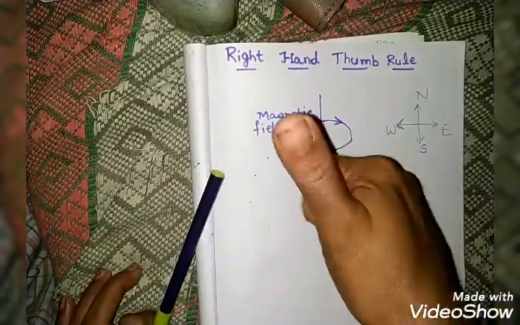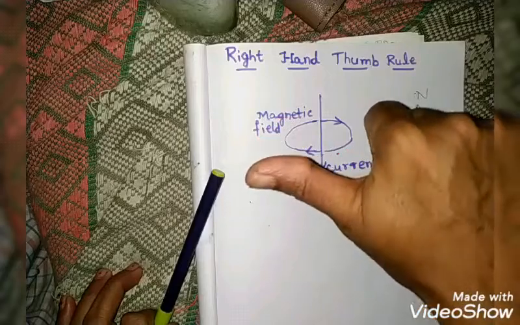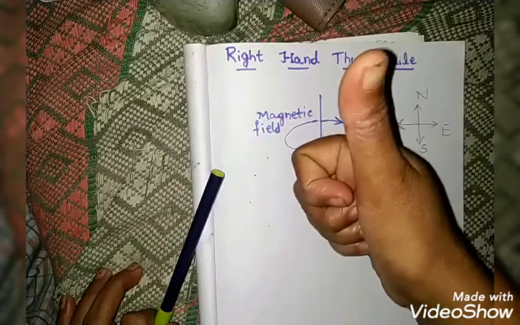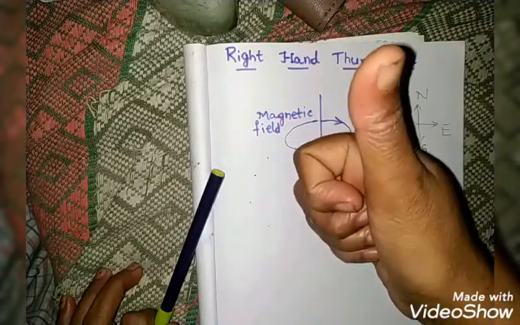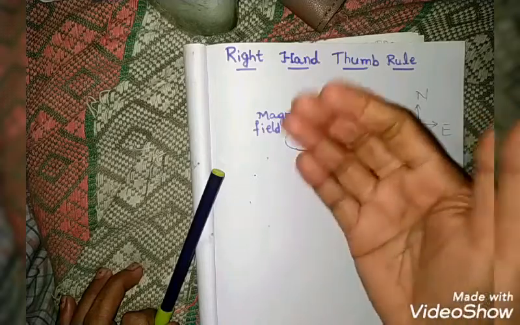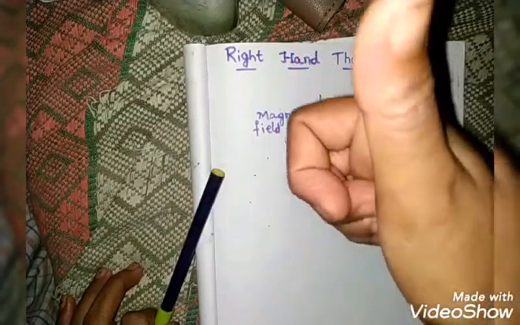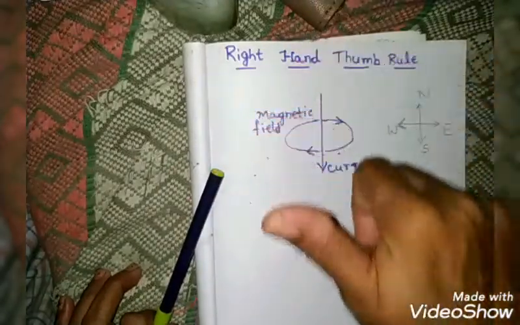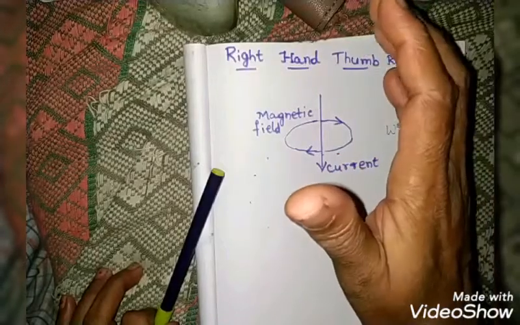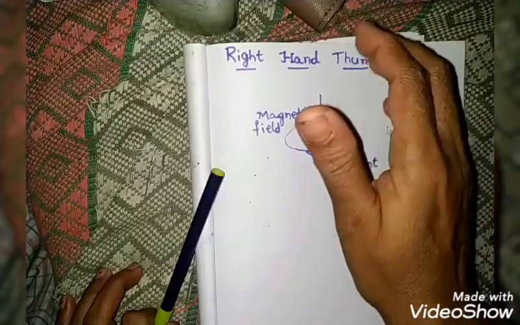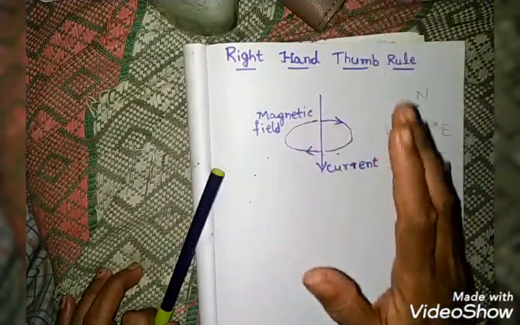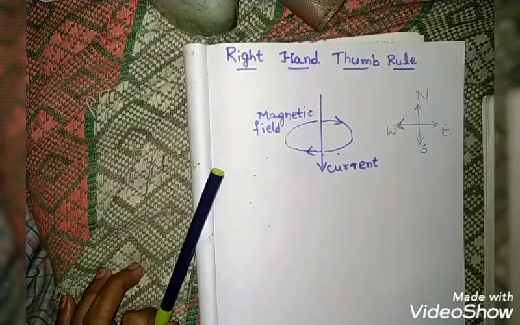Thumb means this one, children. This is known as the thumb of our hand, isn't it? The other four fingers are there. This is a thumb. Right hand thumb rule. We have to use our right hand thumb to explain the rule. How can we explain this?